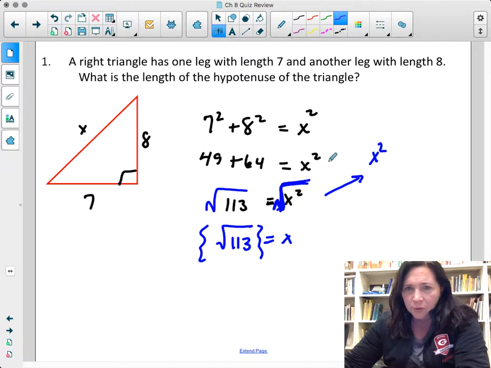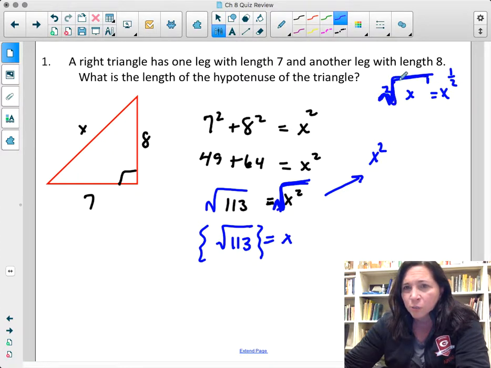So inside a root there is a little 2 here because that's a square root, and a 1 here. So if I had just x, not x squared, this value would be x to the 1/2 power. So a root, just a root, is actually what we call a 1/2 power.